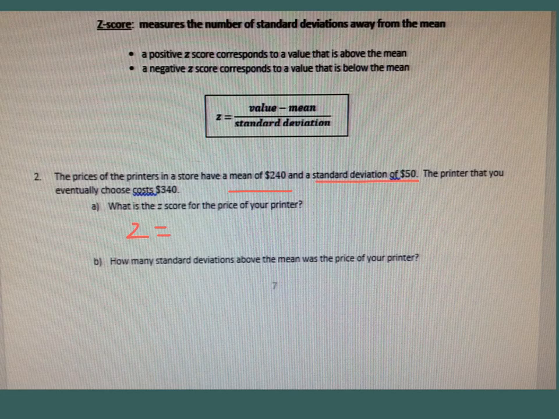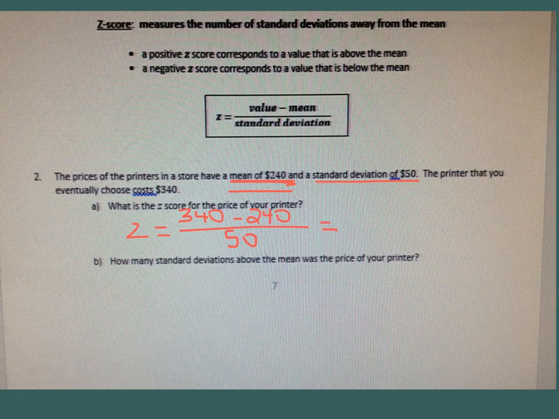So the value is going to be the value of the printer, which is $340. And then it says minus the mean. So when we read the problem, it says it has a mean of $240. So we'll subtract 240 from that. And we want to divide by the standard deviation. And when we read the problem, it says the standard deviation is $50.